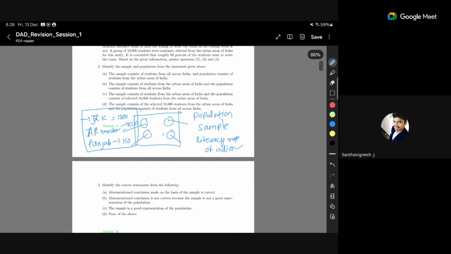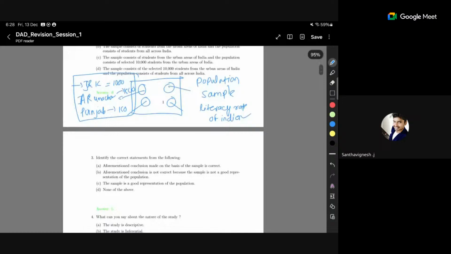Generally, if the sample is a mix of different representatives of a unit, then we consider it a good sample. Let's say I go to just Jammu and Kashmir, take my data, and say that the whole of India has this literacy rate.